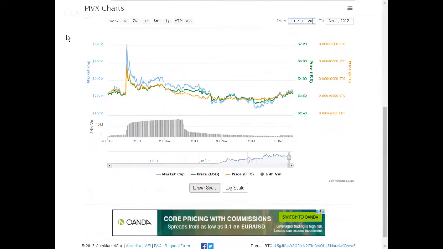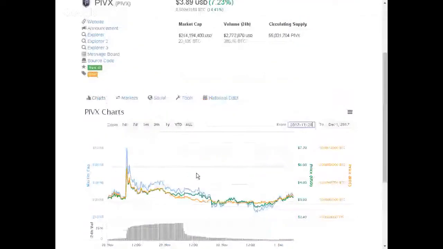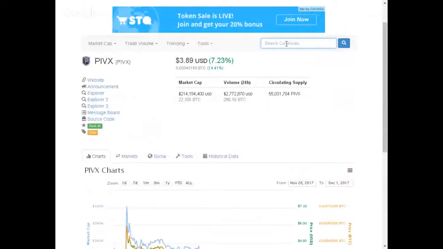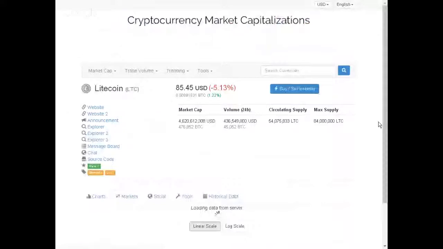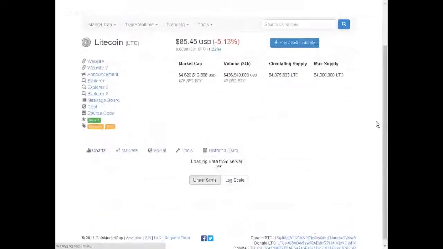No, crypto, Cotter. I agree with you. If you look at the overall trend of Litecoin, let's take a look at Litecoin one more time. Litecoin trending down. If you just look at the overall, it does trend down.